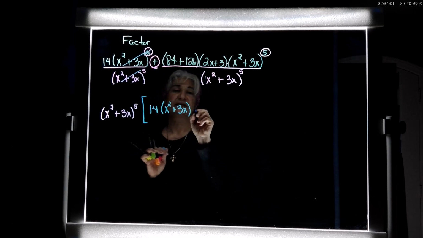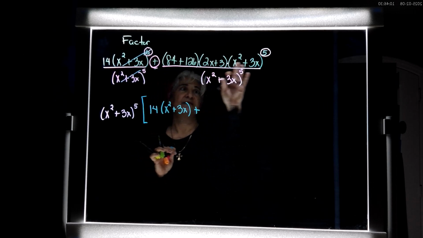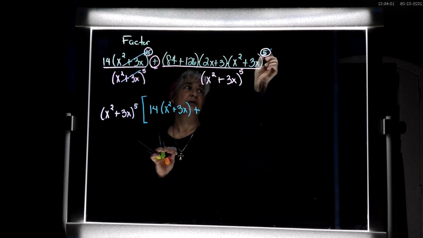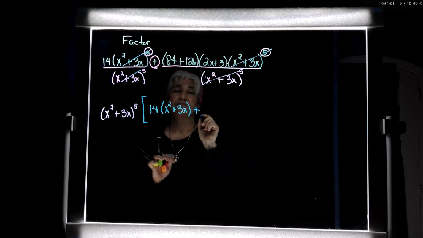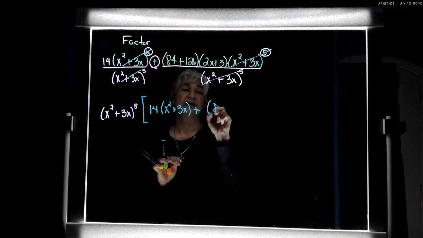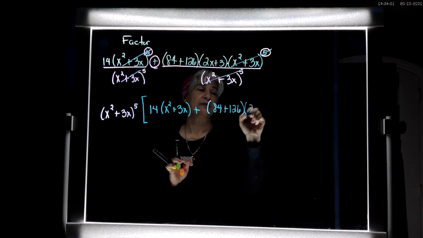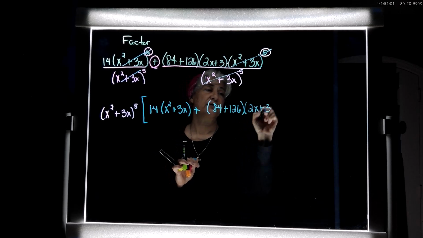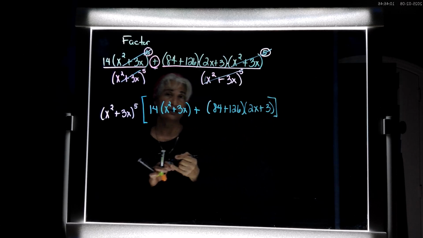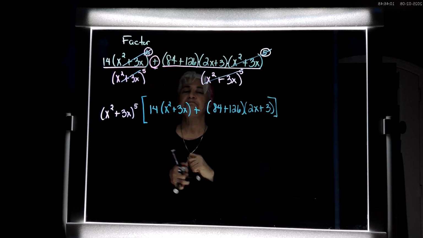And then I have the plus sign. And let's see out of this second term, well, this completely goes away, right? And so I have the parenthesis of 84 plus 126 times 2x plus 3. Good? Okay.